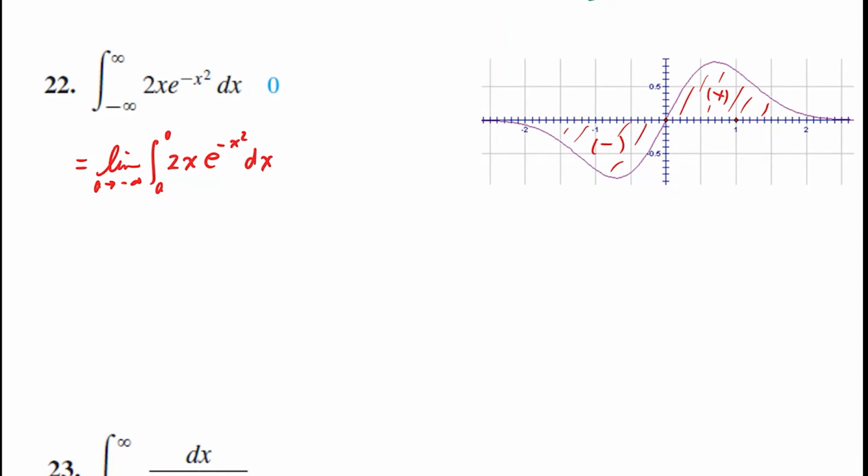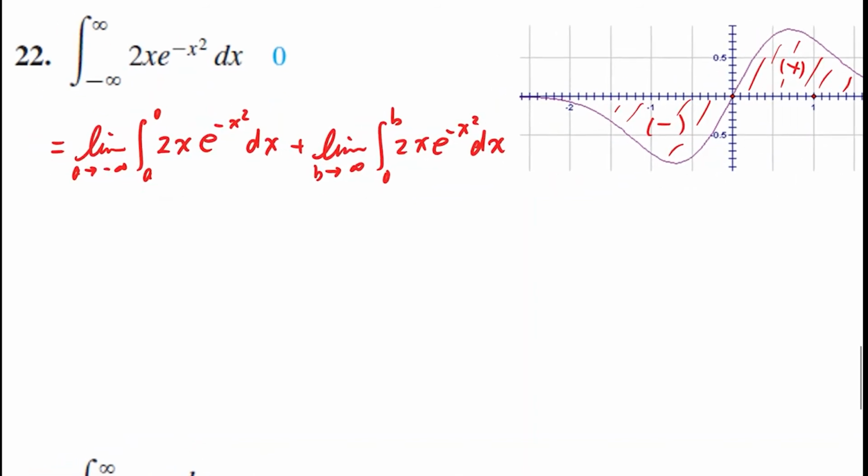Say yes. Plus the limit as b approaches positive infinity of the integral from 0 to b of 2x e to the negative x squared dx. Are you with me so far?